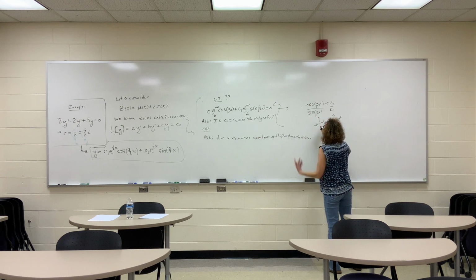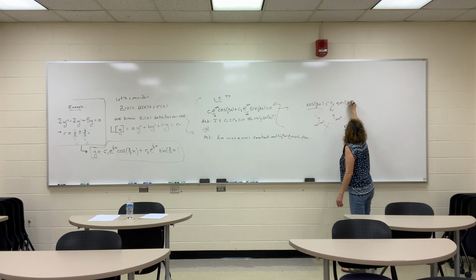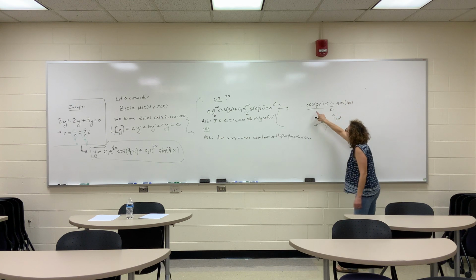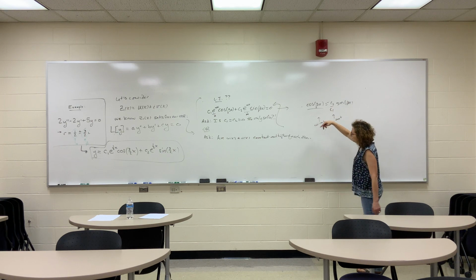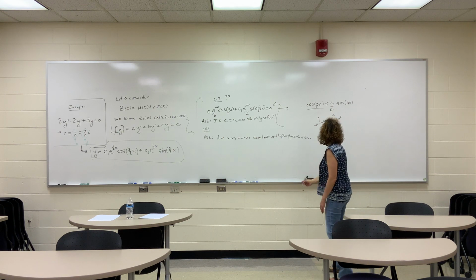In the constant multiple version, we would have e to the alpha x in there as well.